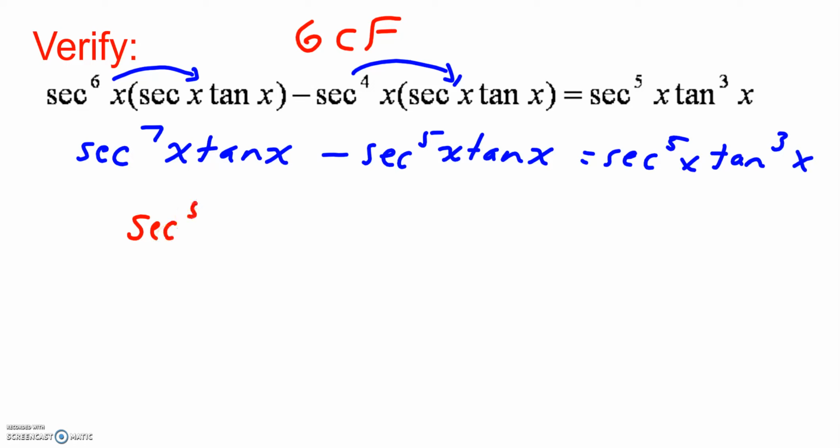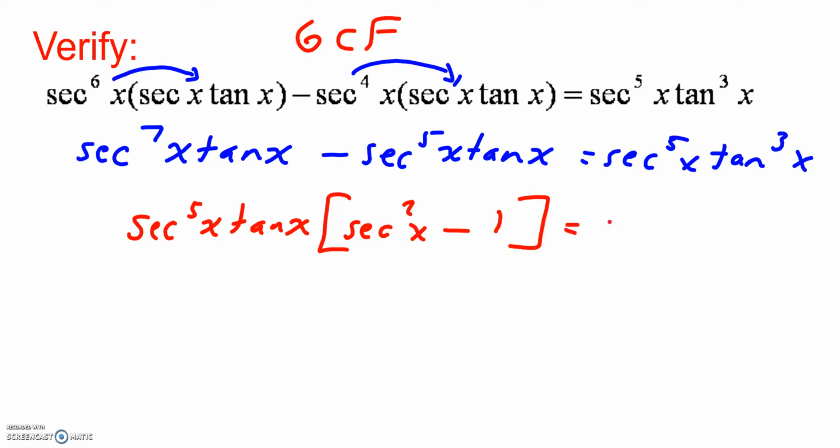So I'm going to take out secant to the fifth and a tangent x, and when I do that, I'm left with, so if I take secant of 7 divided by secant of 5, I'm left with 2 of them, and if I take a tangent out of a tangent, that's gone, minus. If I take 5 secants out of 5, that's gone or divides to be 1, and if I take a tangent divided by tangent, that's also 1, so I'm left with just 1 here, and that should still equal this.